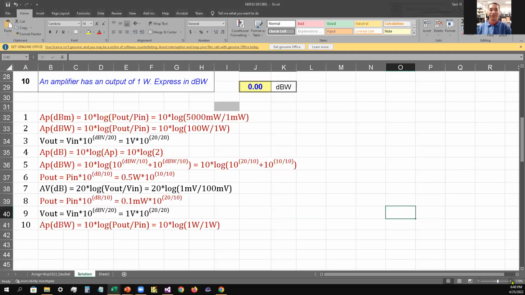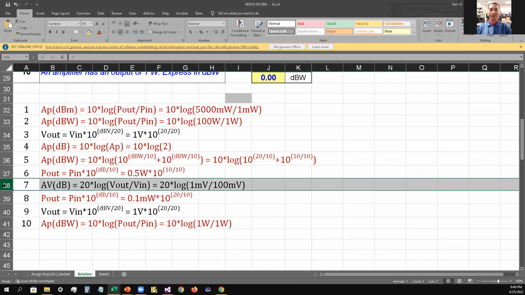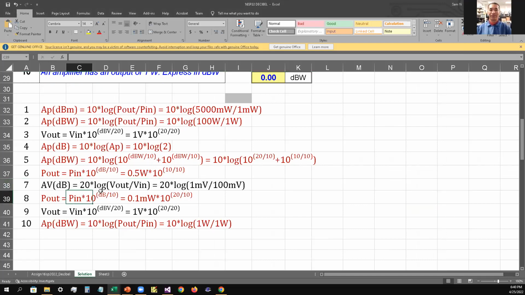Let me share screen. So this is the formula for doing that. Okay, so number 7. The gain in dB equals 20 times log of V out over V in.